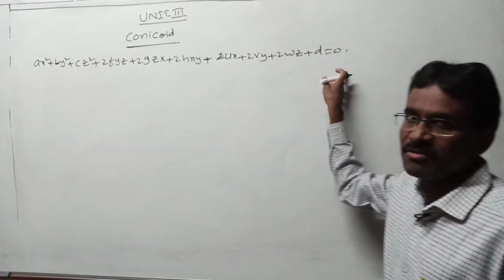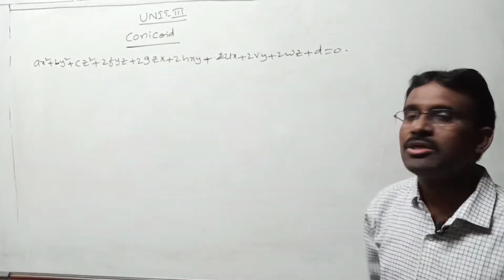This represents a surface. Such a surface is called a conicoid.